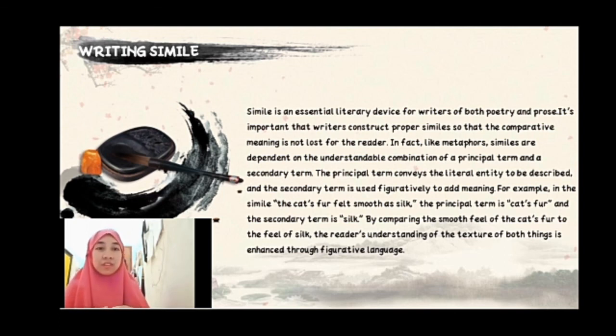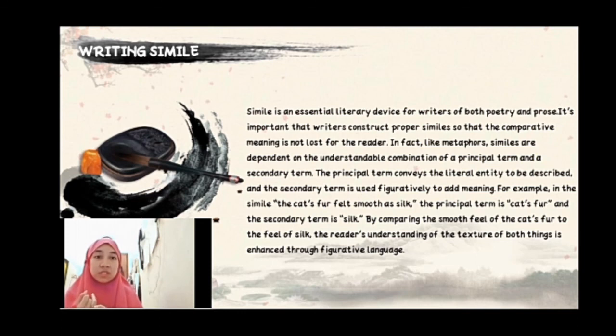This is an effective figure of speech for readers in that simile can create an association between two dissimilar entities or ideas that illuminate each other and enhance the meaning of both. Simile is an essential literary device for writers of both poetry and prose. It is important that writers construct a proper simile so that the comparative meaning is not lost for the readers.